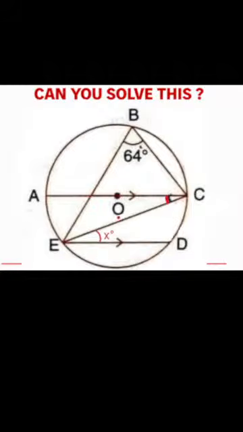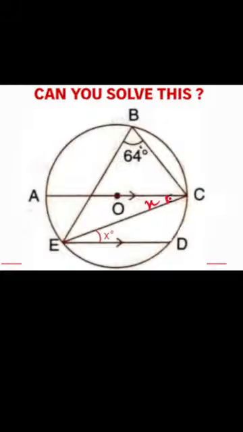Okay, let's see, guys. If this is x, this is also going to be x, because it is given that these lines are parallel. Now this x is nothing but the angle subtended by the arc at the circumference, right?